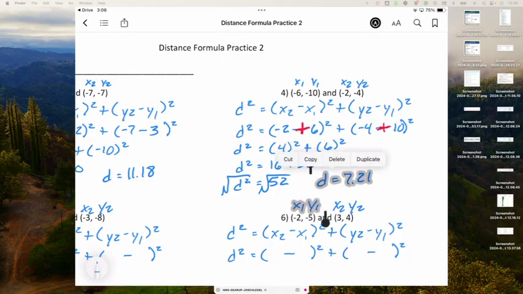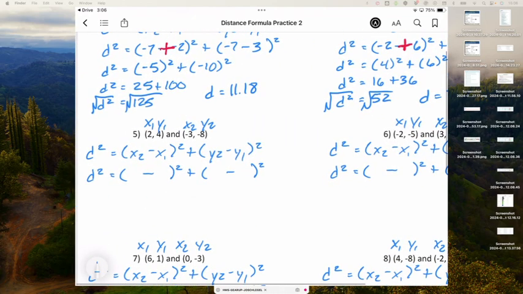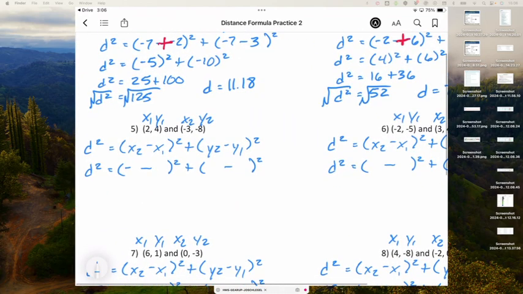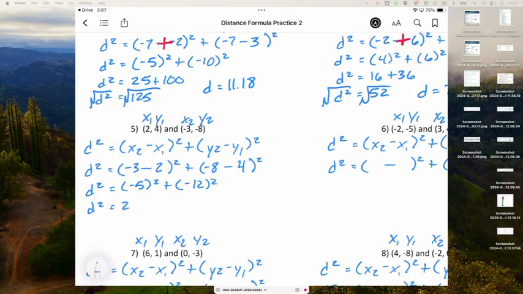Okay. Oops. Moving on with this. x2 is -3. x1 is 2. y2 is -8. y1 is 4. -3 minus 2 is -5. -8 minus 4 is -12. So 25 plus 144.